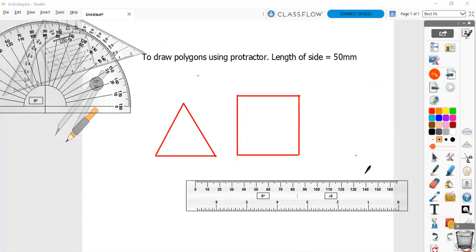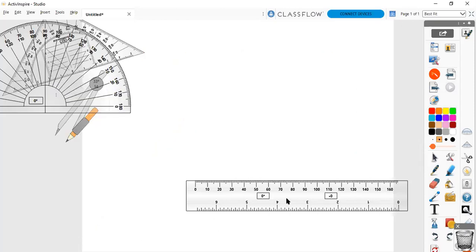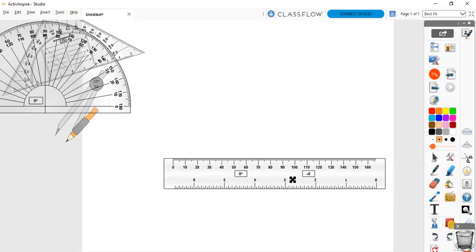Let us try to draw a 50 mm pentagon. And initially, to draw a 50 mm pentagon, what you need to do is draw one horizontal line first, from 0 to 50, one horizontal line.